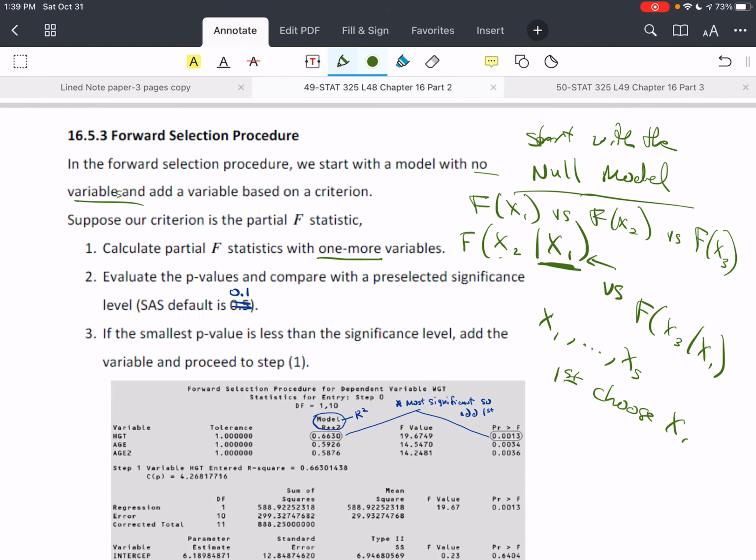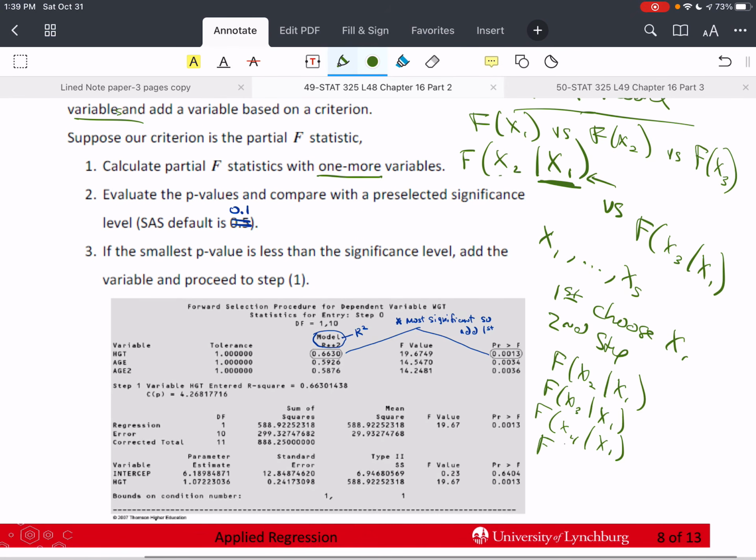So second step, we would look at f of x2 given x1, f of x3 given x1, f of x4 given x1, and f of x5 given x1, and we choose the smallest p-value less than our cutoff.